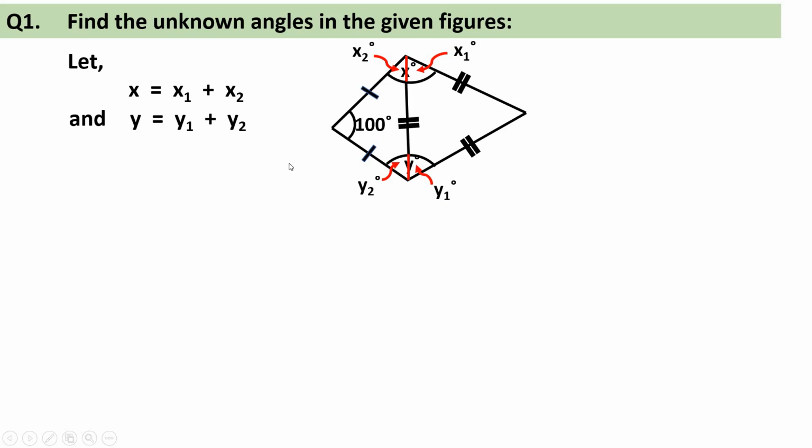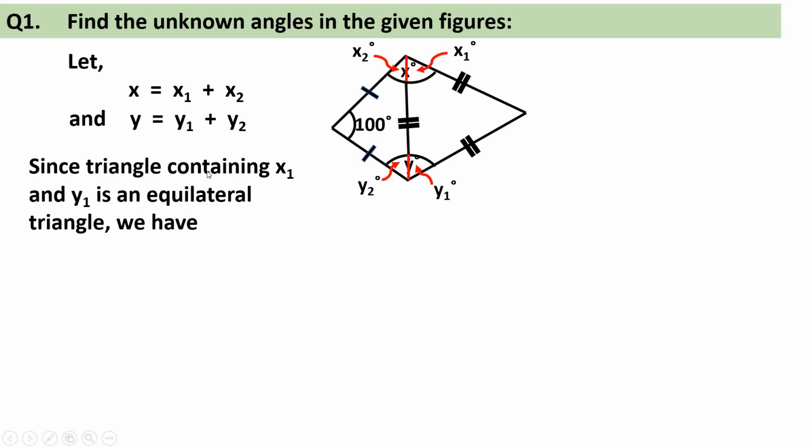Now let's take each triangle separately. The triangle containing x1 and y1 is an equilateral triangle. We know all the sides are equal, so x1 is equal to y1, which is equal to 60 degrees, because if all sides are equal, each angle will be 60 degrees. That's how all the angles added make 180 degrees.